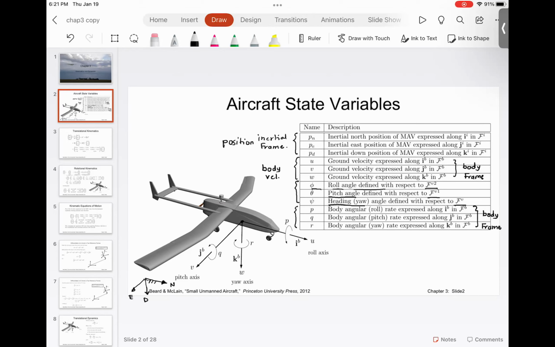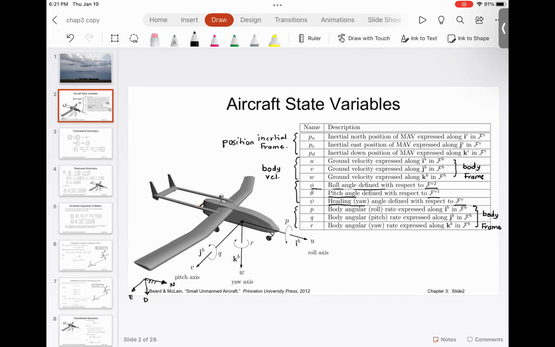Now, I want you to understand that I need to get the values of PQR, integrate those, and find out roll, pitch, and yaw. So finding out roll, pitch, and yaw from PQR is nothing but solving the kinematics problem to find the attitude of the aircraft.